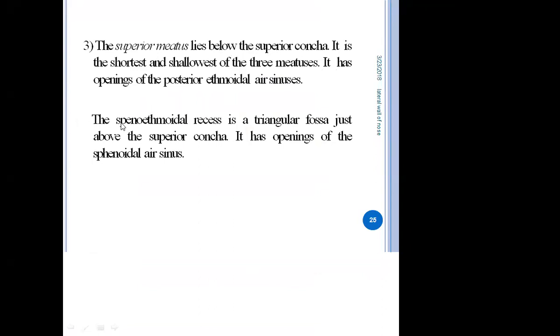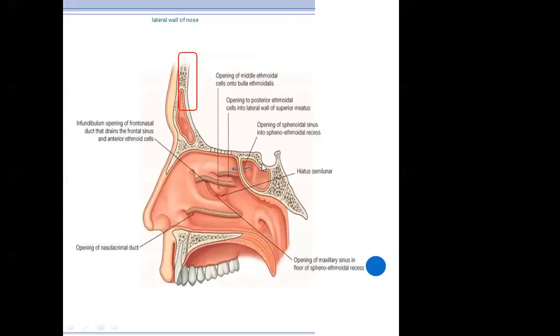And there is a triangular fossa which is present behind here. Sometimes there is another meatus present above this superior concha. It is called the supreme meatus. Behind the superior concha we will have a depression.